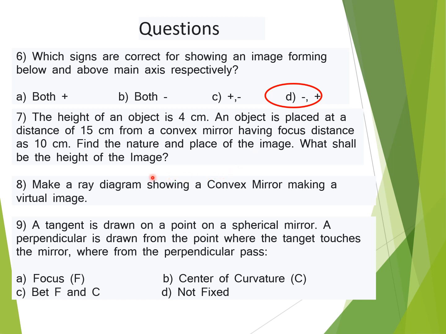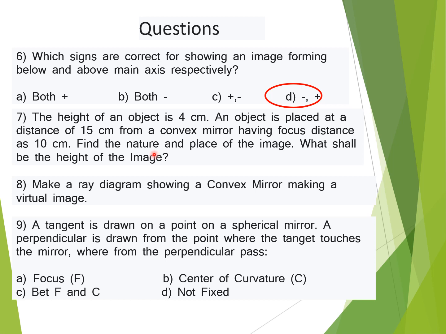Then it asks the height of the image and the nature of the image. Now we know the magnification formula, M is equal to minus V upon U. So minus V is how much? 6 upon U is 15. So 6 upon minus 15. So minus minus plus.